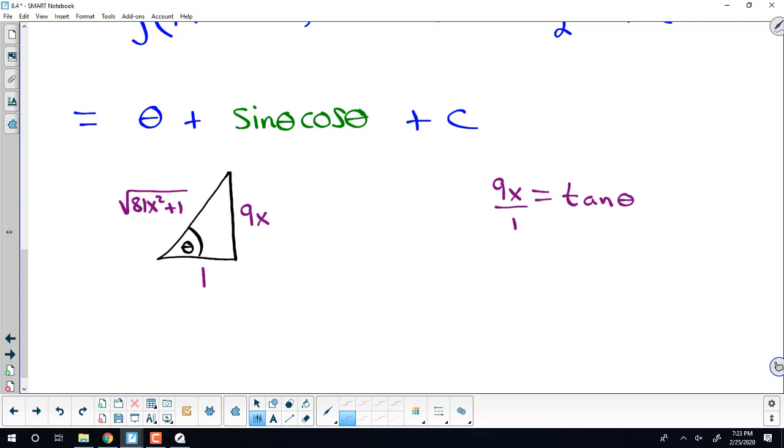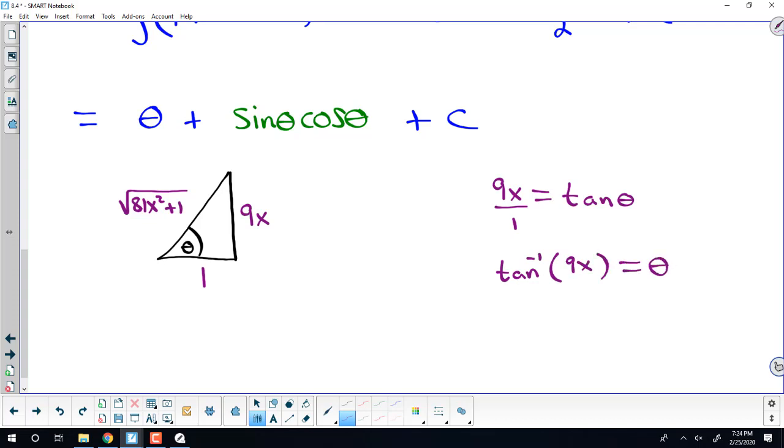What's theta? The inverse tangent of 9x. Yes. From our substitution, tangent theta is 9x, so theta is the inverse tangent of 9x.